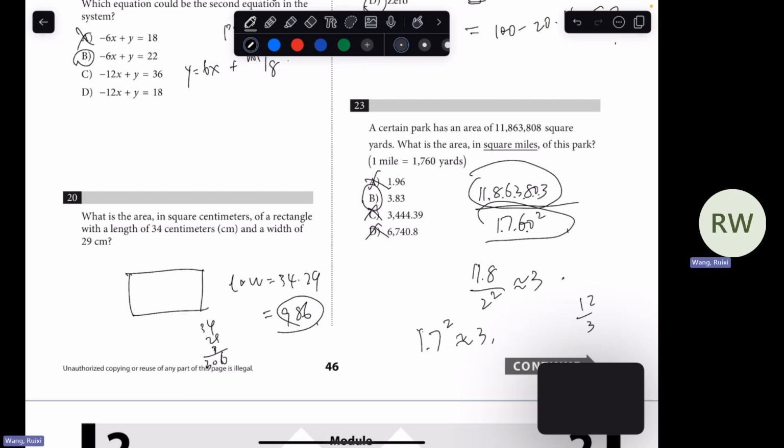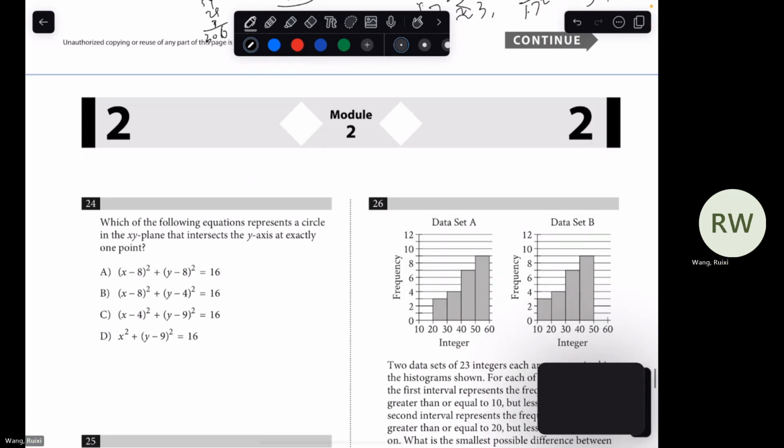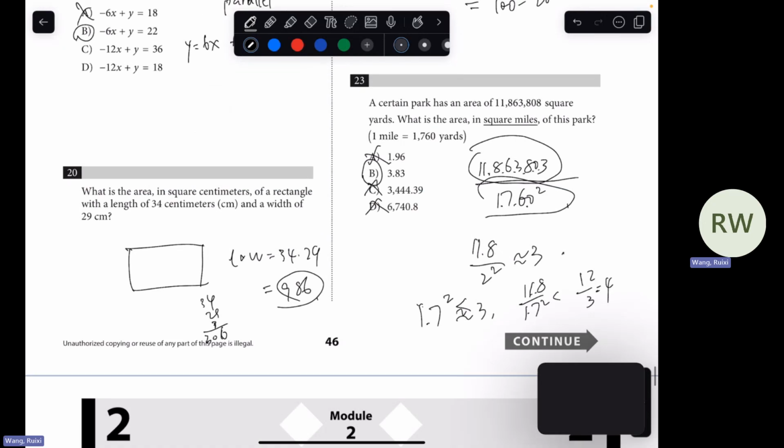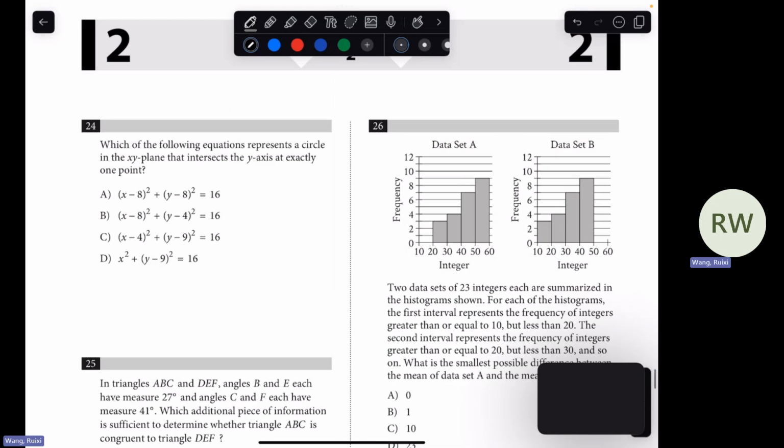Okay, so 12 over 3, right? But now it's less than 3, so it should be less than 4. Right. Yeah. So we have bounded this from both sides, right? So it must be B.